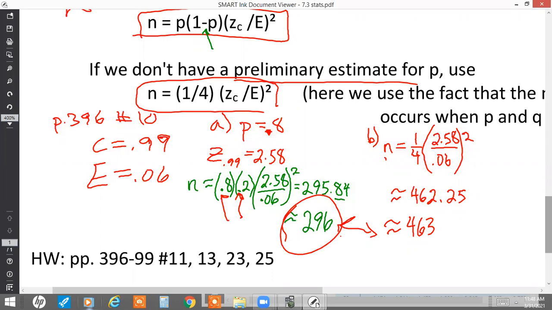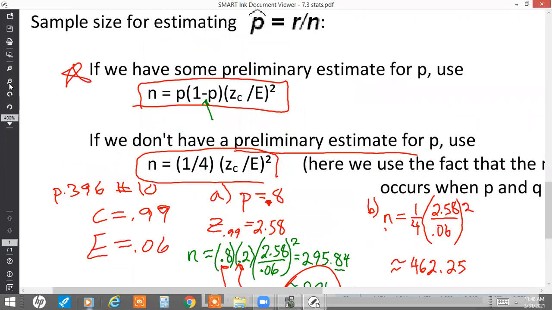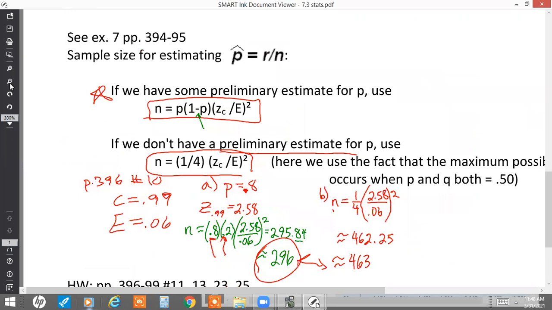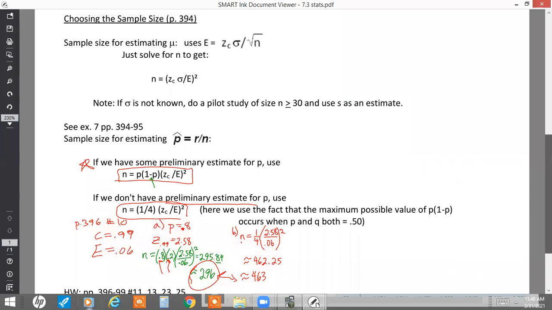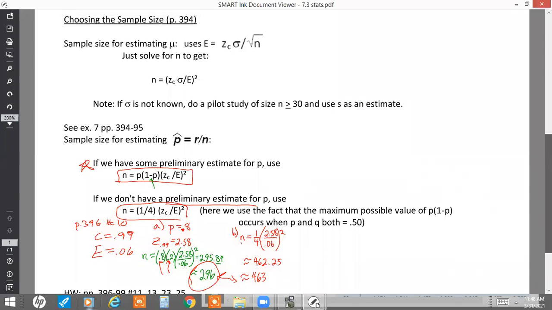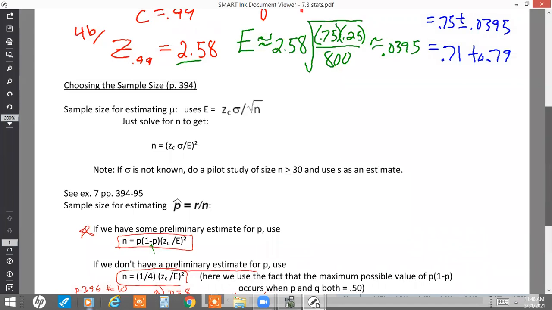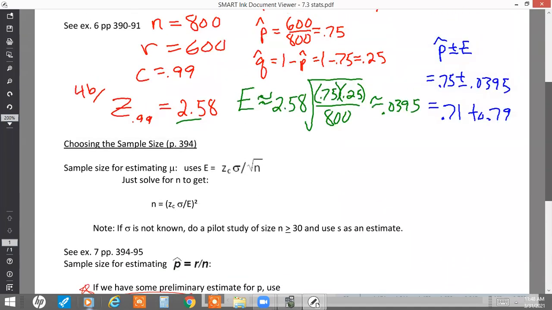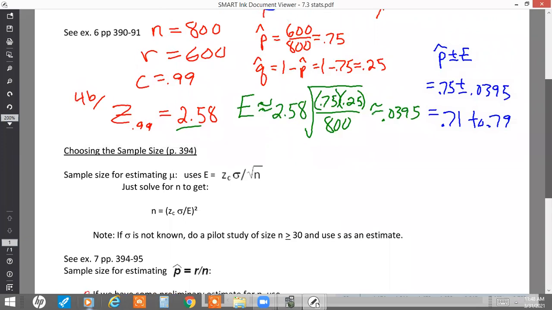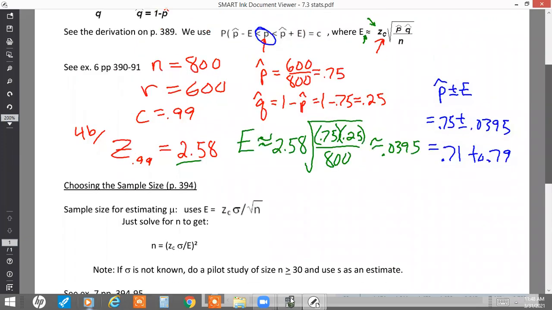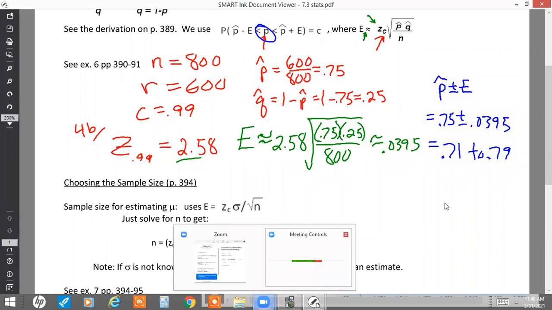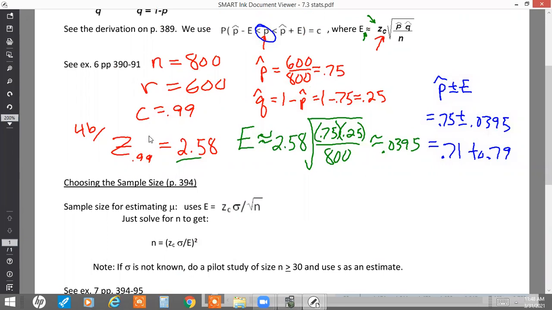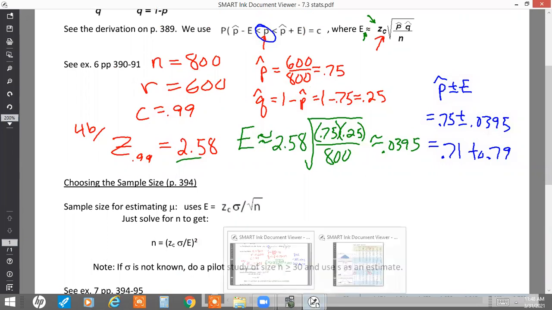All right, let's go back. Sorry to go back, but I want to show you this on a graphing calculator, because I don't think I showed you how to find the interval on a graphing calculator for this.